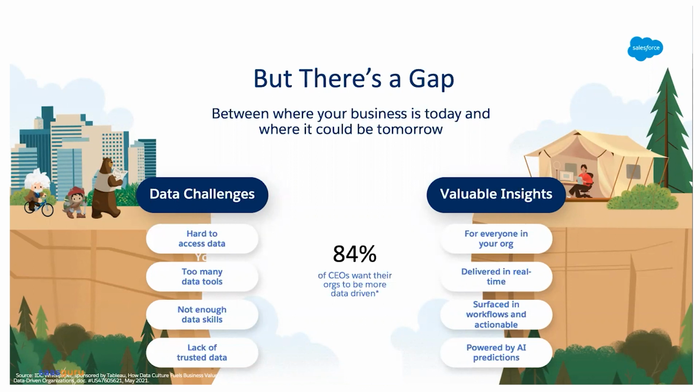And it should be delivered in real time, right? Again, using the internet service example, if the call was made 5 minutes back, they should know that you made a call 5 minutes back. And again, it should be surfaced in workflows and actionable, which means when you're on the call and you say, hey, my internet is going down, you don't want to wait on the call. At least I don't like when they say, hey, can I place you on a brief hold?